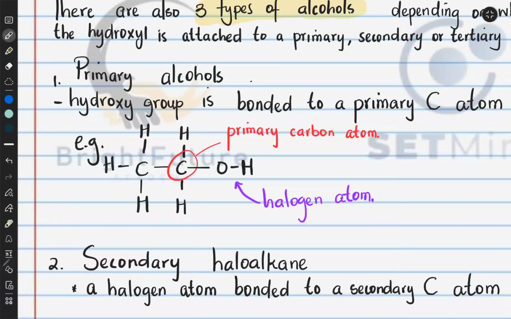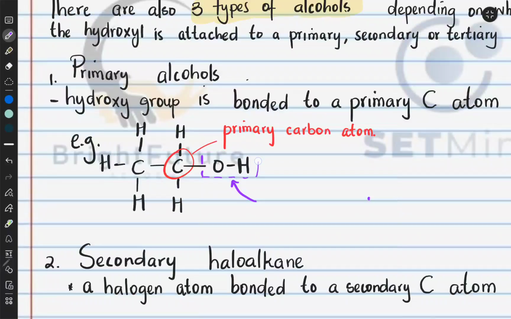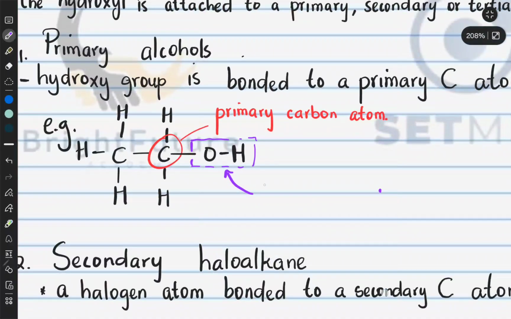If you check our hydroxyl group now, it is attached to a carbon atom that happens to be a primary carbon atom, right? So this would be a primary alcohol.